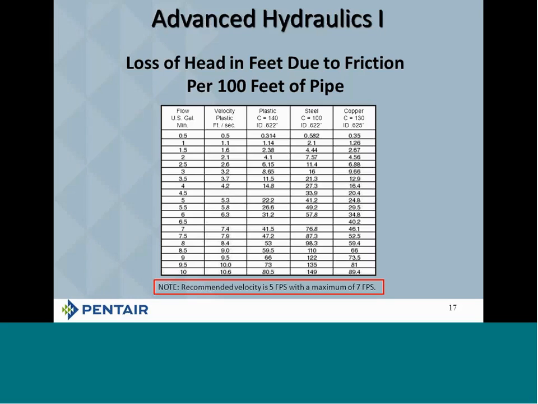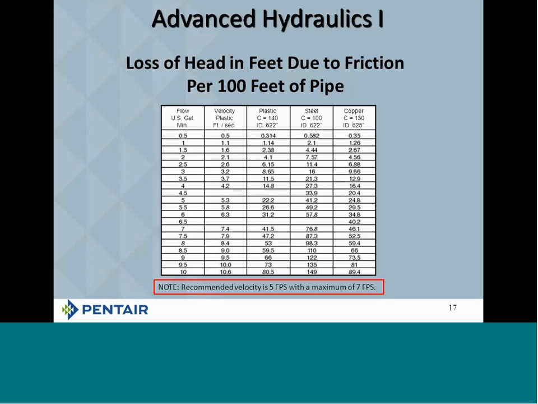Now, if the IDs are different, then yes. And of course, who knows the difference between Schedule 40 and Schedule 80 PVC? What's the difference in them? Nobody knows the difference? Wall thickness, the wall thickness.